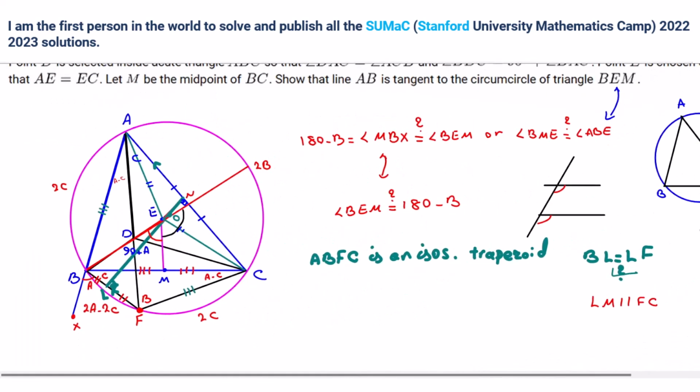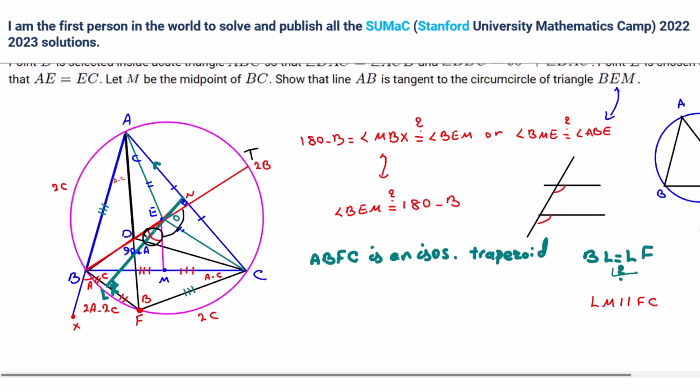Well, if you extend, that angle is equal to 180 minus BEM, and we want to then prove BEM is 180 minus B. So we want to prove that this extended angle is B. For example, call the extension point T. We should prove TEM is B, right? Okay, it is B.